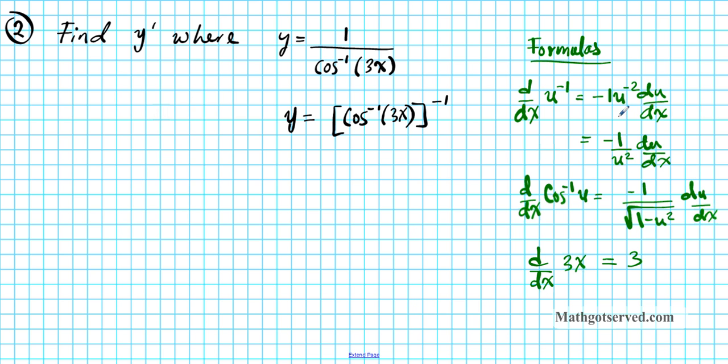Okay, so if we combine all these functions together and plug in the respective values of u, then we should get the derivative. All right, so let's go ahead and do it.